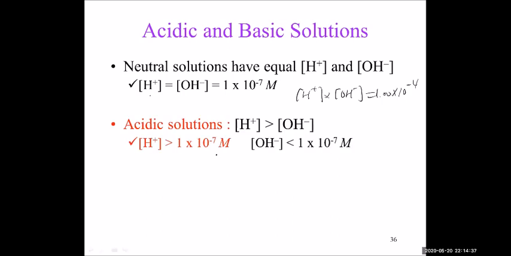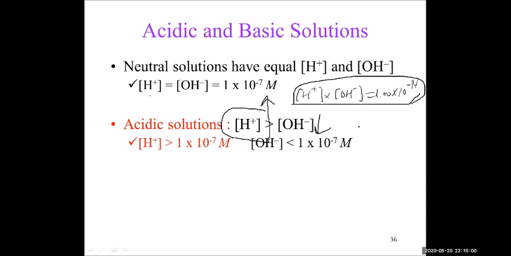Acidic solution: if we add a compound with a proton, then this concentration will go up. If this goes up, the hydroxide will decrease, because these 2 multiply to give me a constant. Oh, it's negative 14, not 4. And negative 14. One goes up, the other goes down.